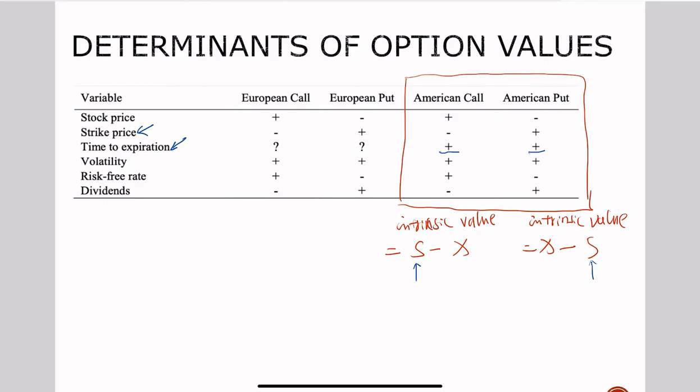If you're holding a call, your payoff is given by the market price minus exercise price. So if you have longer time to expiration, then the present value of your exercise price will be lower, right? This essentially means your payoff or the present value of your payoff will be higher.